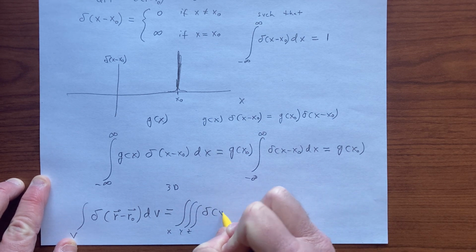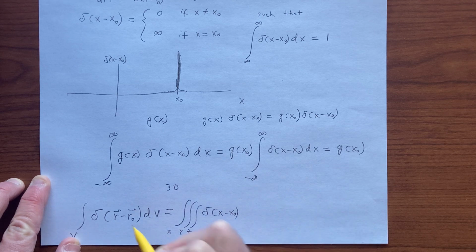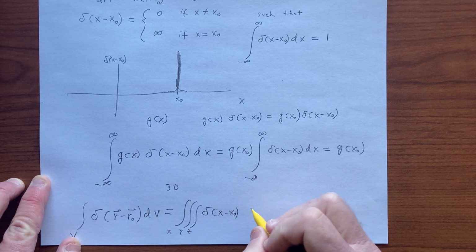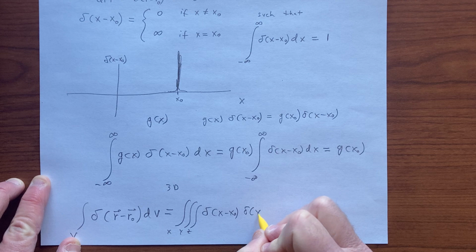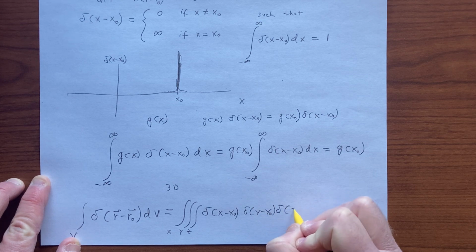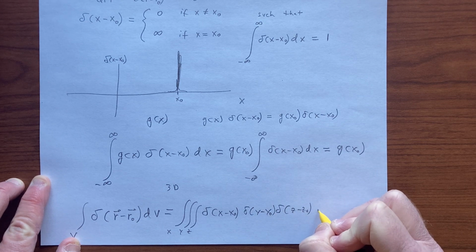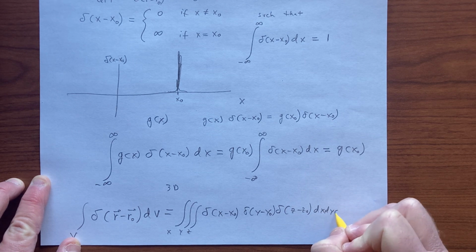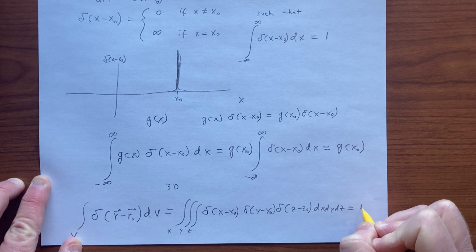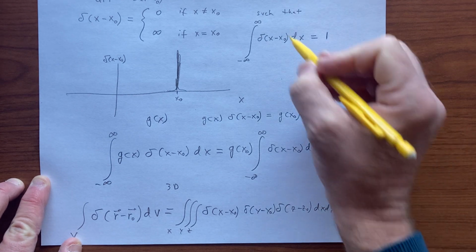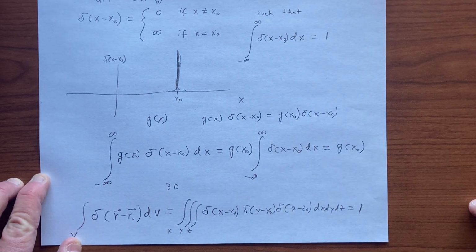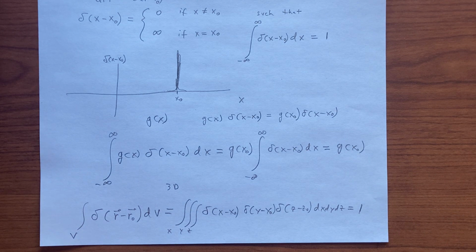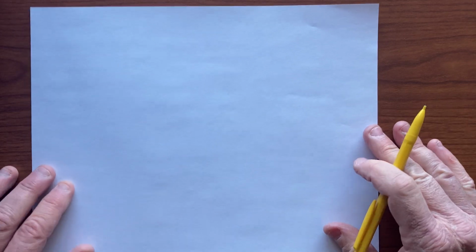Then we can break this up into a delta of x minus x naught, and so on. The r naught has x naught, y naught, z naught values, and so the function looks like this, with dx, dy, dz, and this thing is equal to 1 as per that. So that's sort of a reminder of what we've done before.